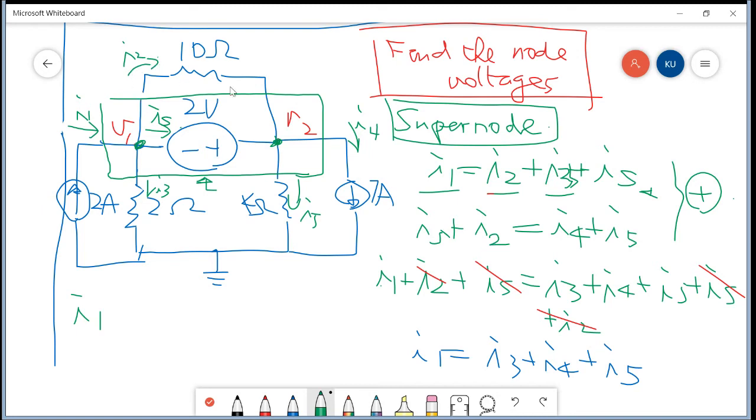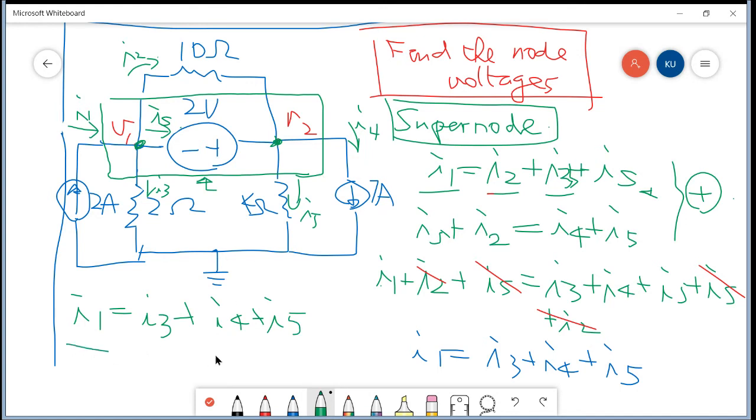For I2, one is going out, one is going in, so no problem. We can just cancel it, just like we cancel it here. And I3 going out, so put it on the right hand side. I4 going out, I5 going out. So we put I4 and I5 on the right hand side.